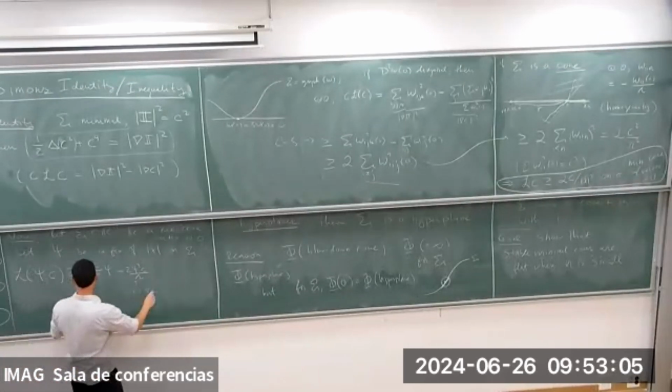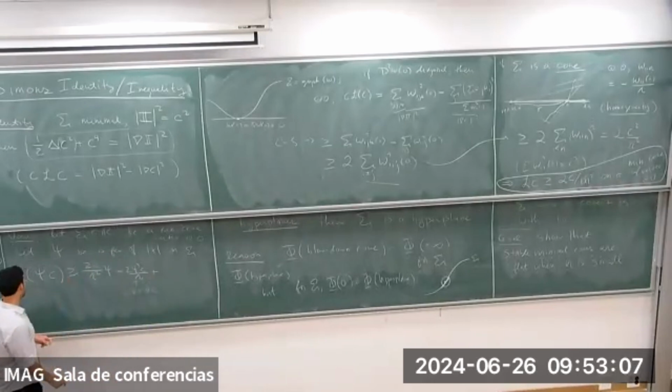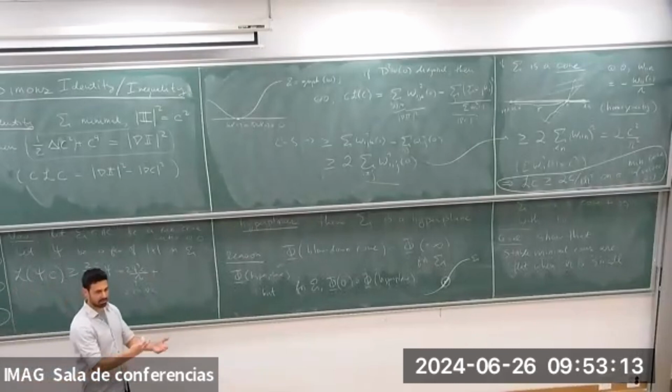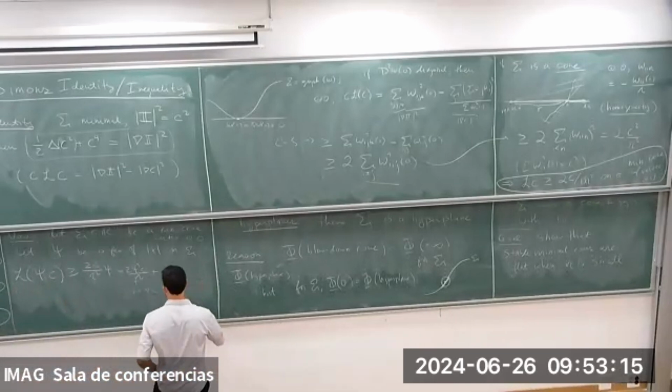And the last term is just c times the Laplacian of psi, which I'm going to write using the usual formula for the Laplacian in polar coordinates.